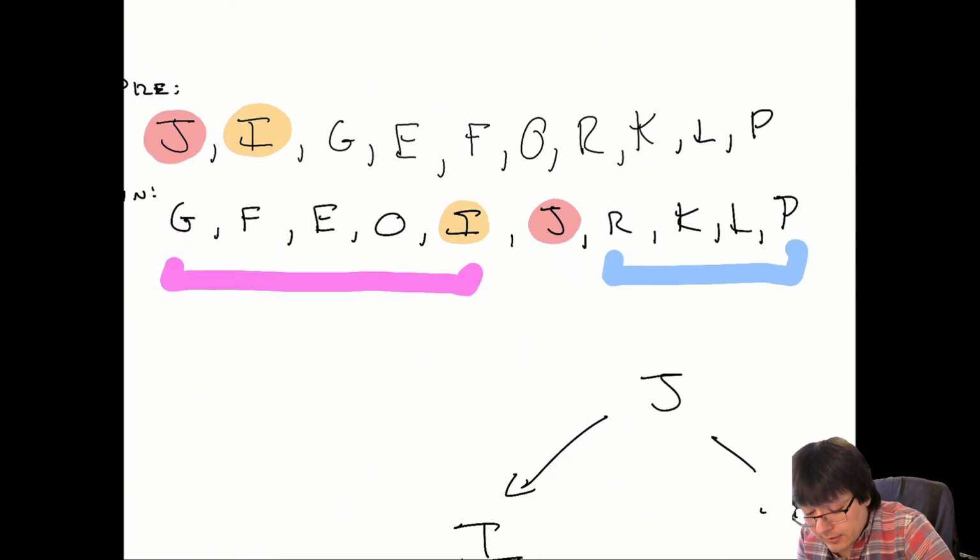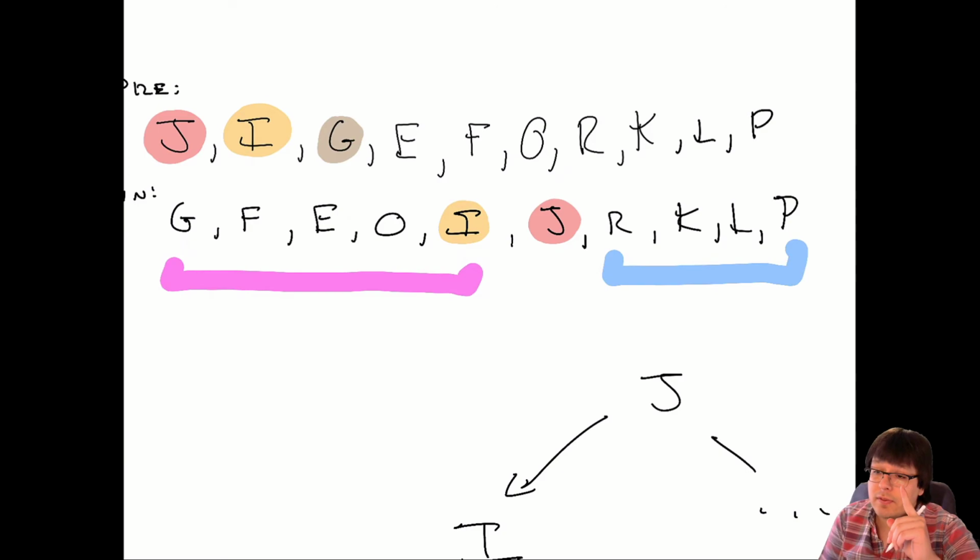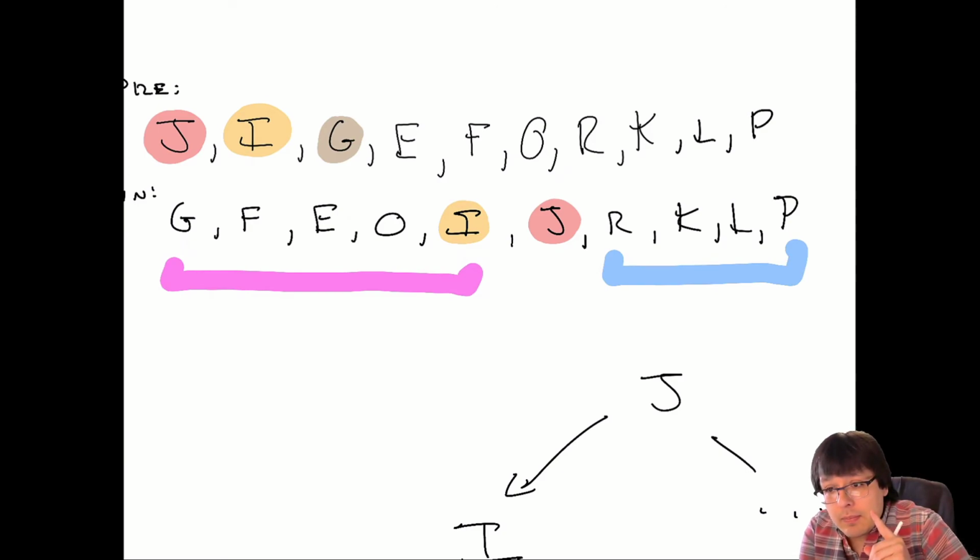We go to the next letter now. So let's pick brown, G. G is the next letter in the pre-order traversal. G must be a child of either J or I. How do we know? We see whether it's to the left or the right of these letters. Here's the other advantage of this. Because of the way pre-order works, we're never going to have to worry about working with any of these letters until we finish the entirety of the left side of the tree.